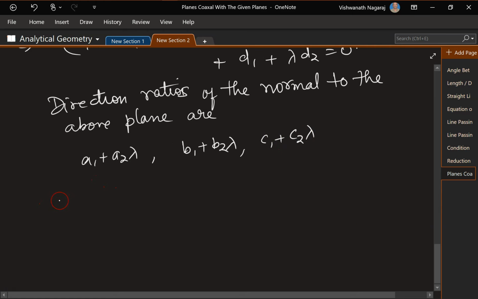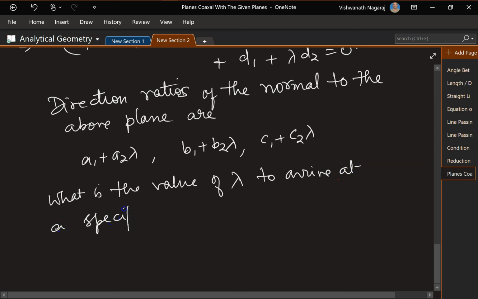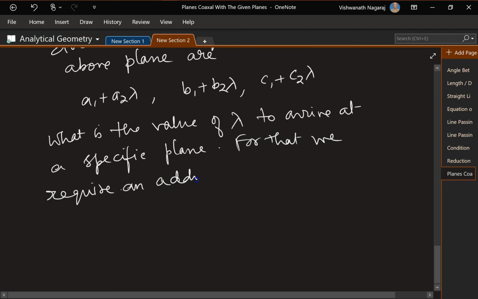One additional thing that we require is to know the value of lambda to arrive at a specific plane. For that, we require an additional condition.